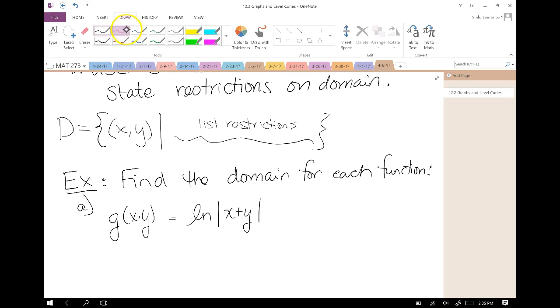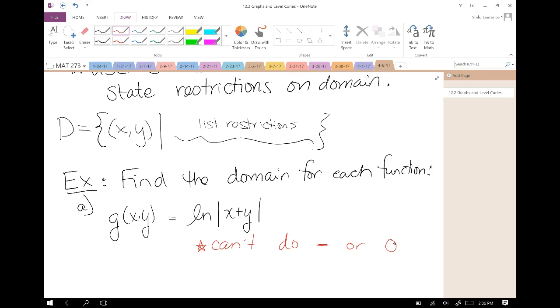We can't take the natural log of a negative. Zero? Yes, natural log of 0 is undefined. We cannot take the natural log of 0. So x plus y has to be greater than 0.